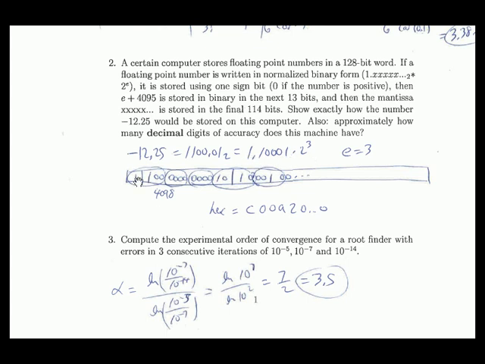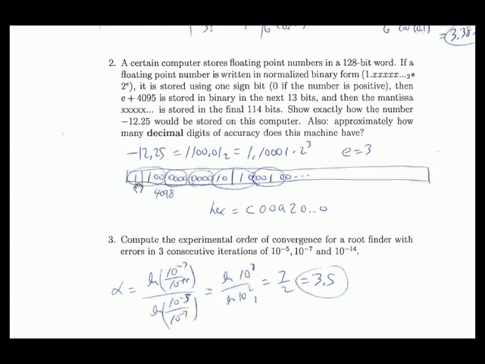But it's a negative number, so you put a 1 in the sign bit. Now this is E plus 4095, so 3 plus 4095 is 4098, which in 13 bits is 1, and so on, 10. And then here's the mantissa, and it looks the same as before, except you've got more trailing zeros.